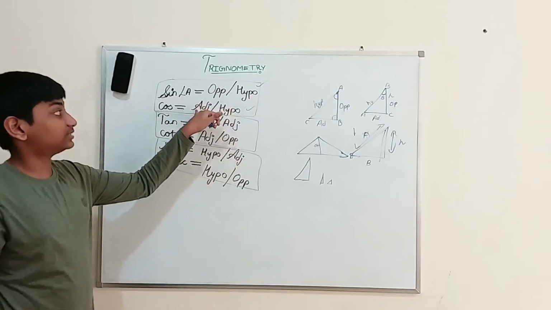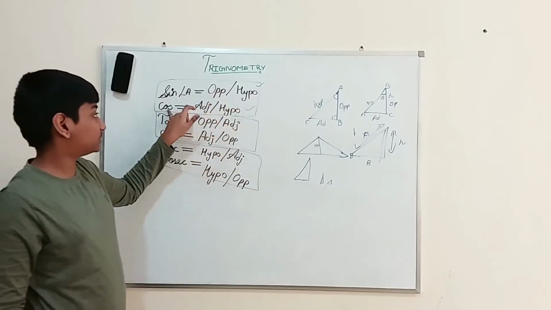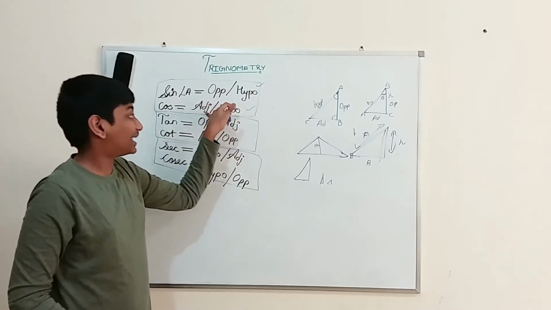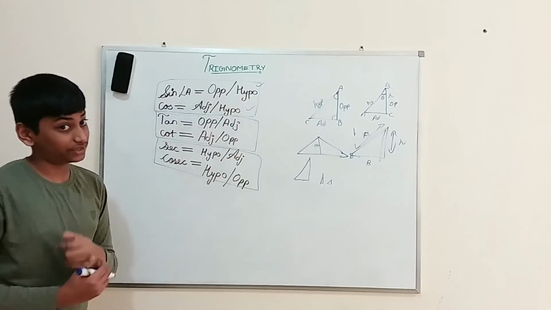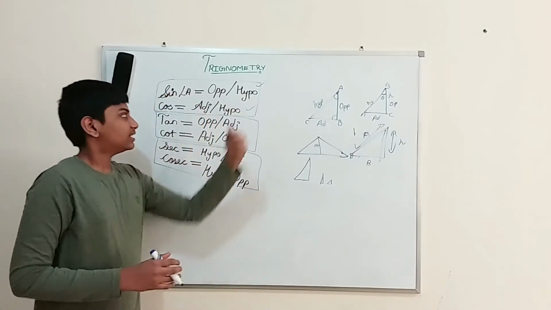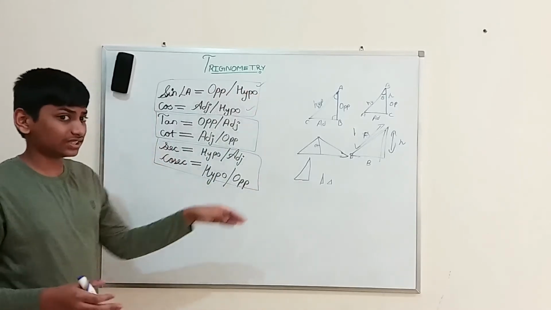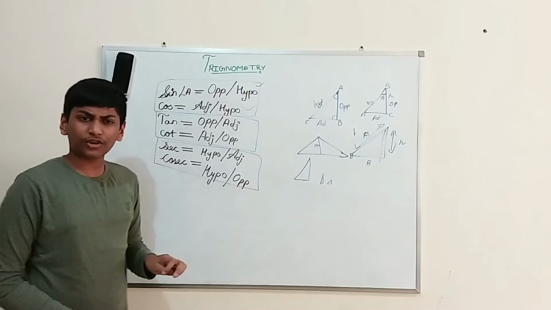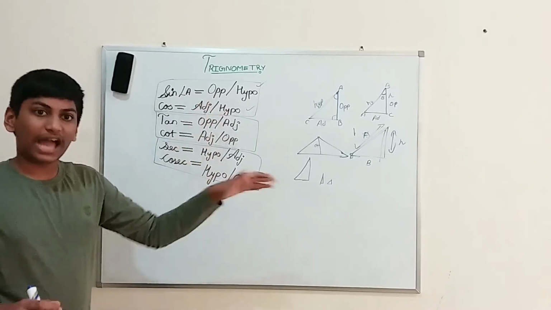Adjacent is coming in the place of opposite. That means the formula for cosine will always be adjacent by hypotenuse. So if cosine is adjacent by hypotenuse, the sine will always be opposite by hypotenuse.